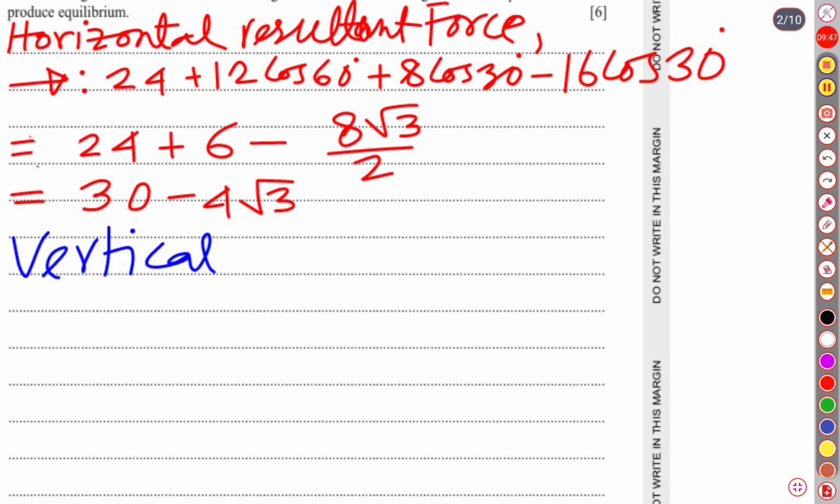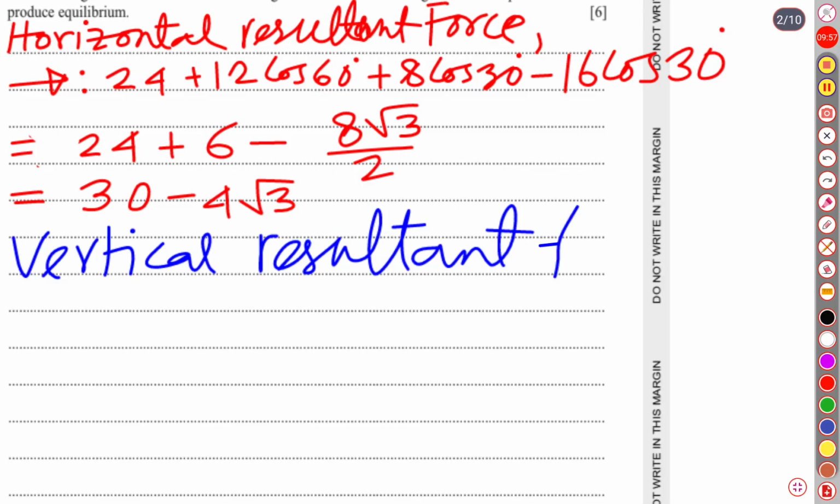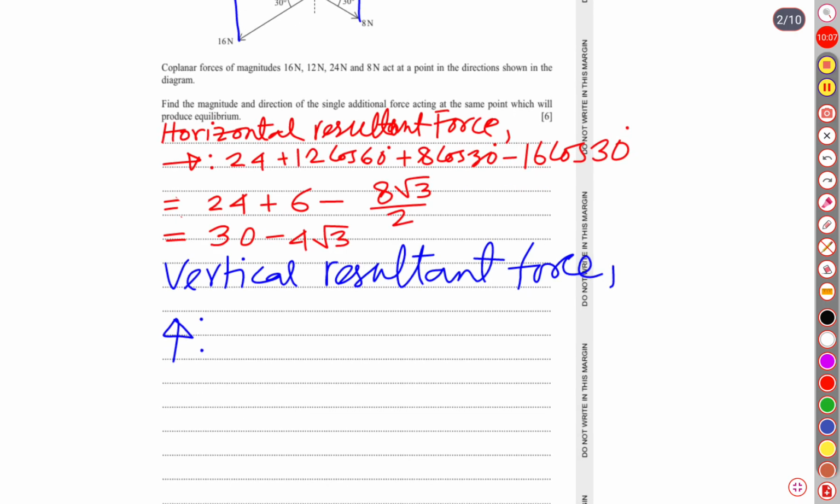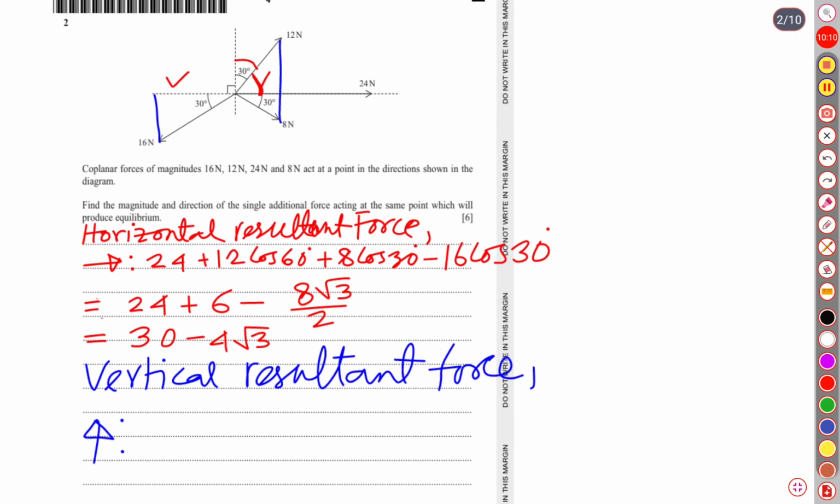Let us see what forces act upward. The upward force is 12 sin 60 degrees. Then there is no more force acting upward.